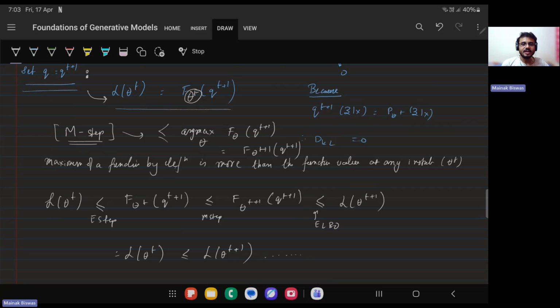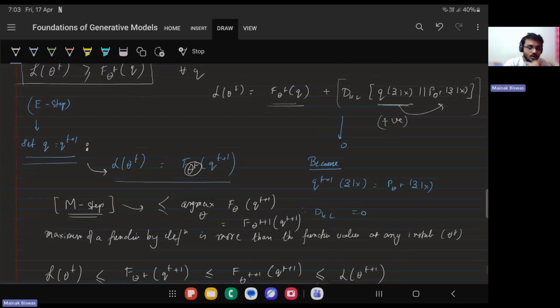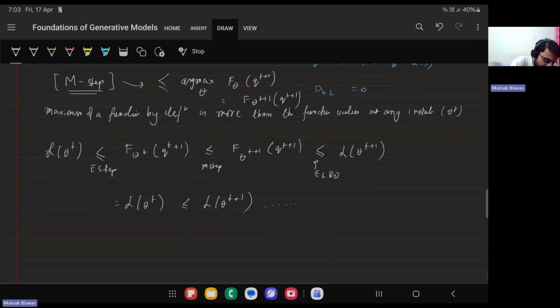So we learned that under this assumption, the likelihoods or the free energies, if we first take an expectation, equate the Q values to the P theta function. Next, we update the model parameters.